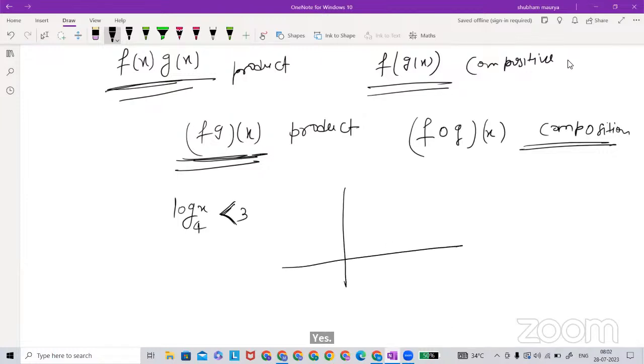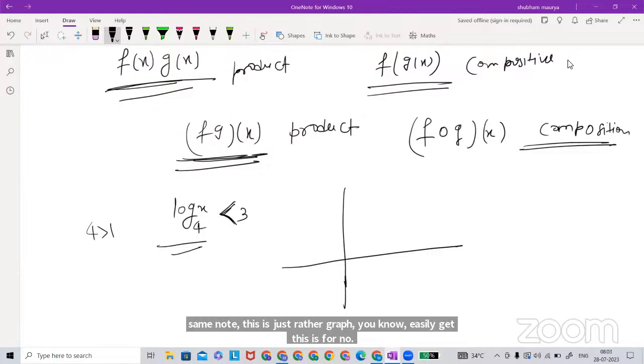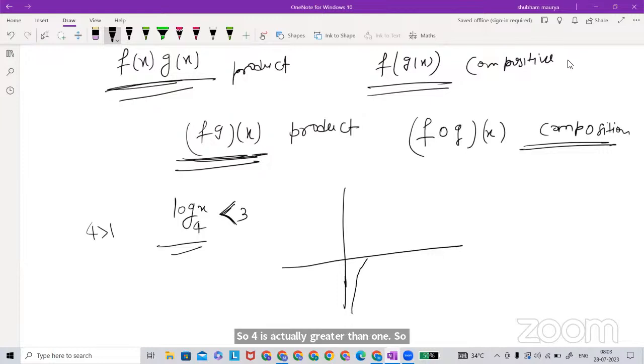Just draw the graph and you can easily get this. The base 4 is greater than 1, so the graph of the log function is exactly the same as usual. At 1 it is 0, and at 2 and 3 here, these are the values which will be lesser than 3.